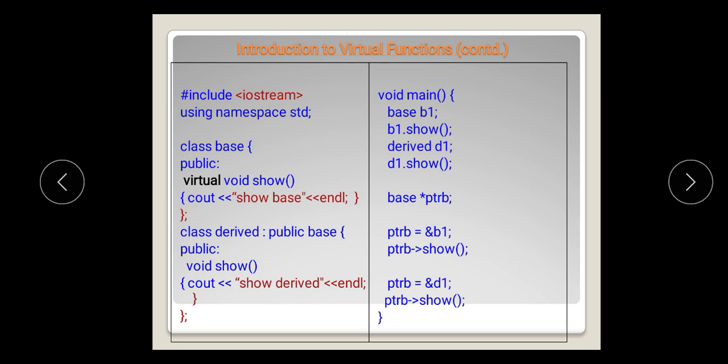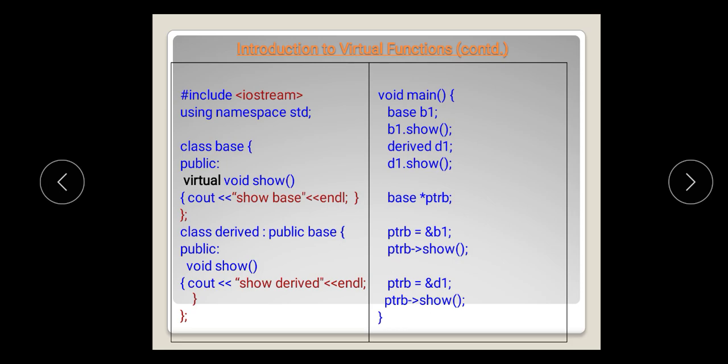Now we have one derived class which inherits the base class publicly, with the same function name as in the base class, that is void show. But since in the base class this function is virtual, it is available to any level of inheritance.